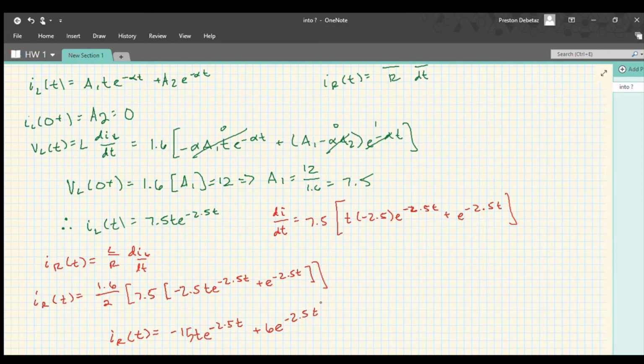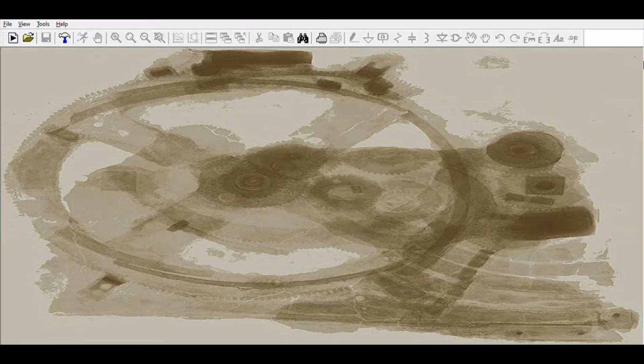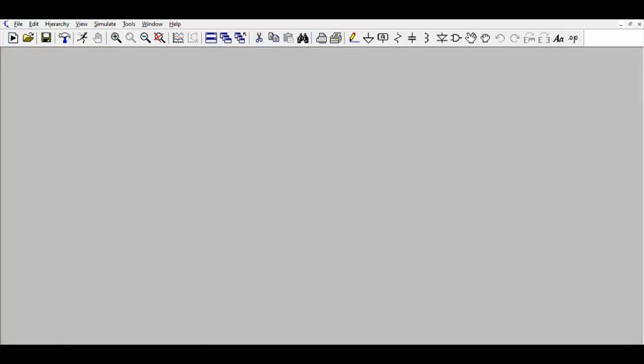Okay, and so we're going to go ahead and confirm these with LT Spice. Alright, so we are here in LT Spice. We're going to do new sketch. So we're going to model the circuit at t equals 0 plus.